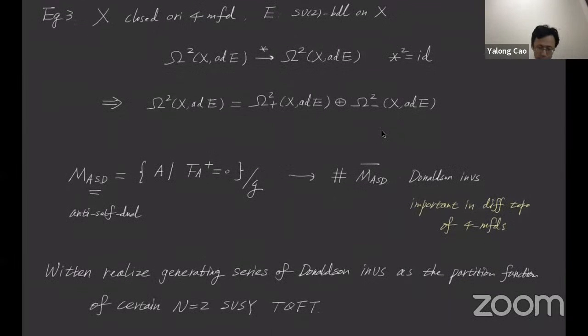In particular, Witten realized this generating series of Donaldson invariants as the partition function of a certain N equals 2 supersymmetric Yang-Mills theory. So Witten gave a path integral interpretation of such invariants. So this is also an example where enumerative geometry has a link with quantum field theory.